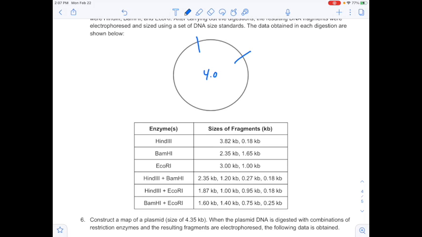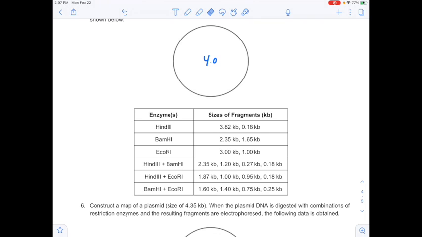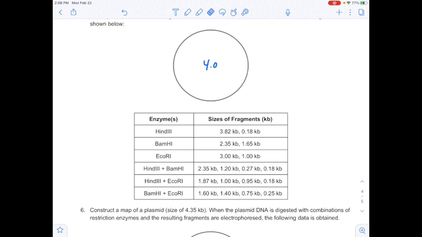So two cuts for each restriction enzyme, and now we just have to look at the combinations and see what's going on. So I think I'm going to work with the BamHI and the EcoRI first. I like how these numbers are maybe easier to work with for me.